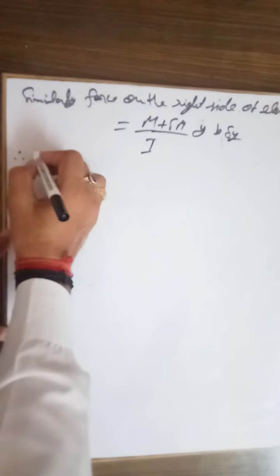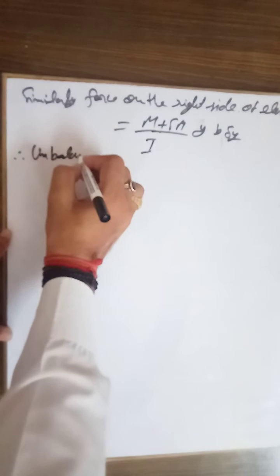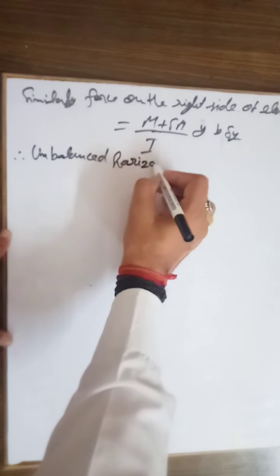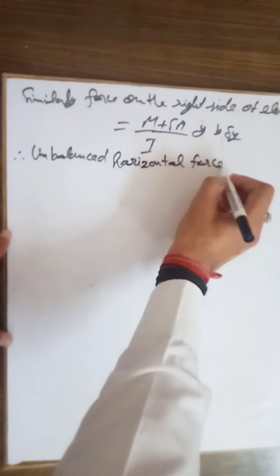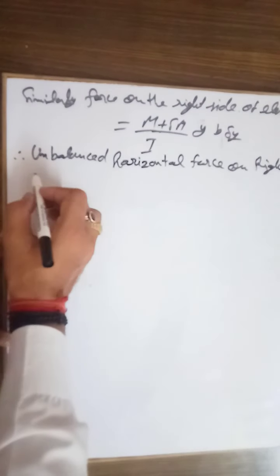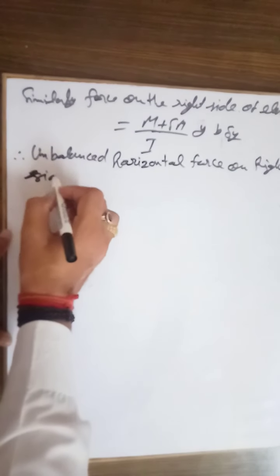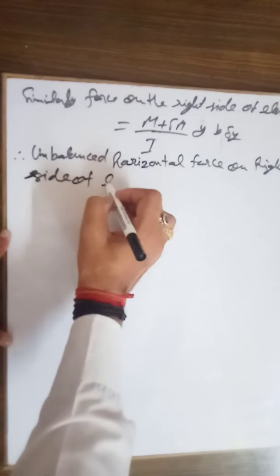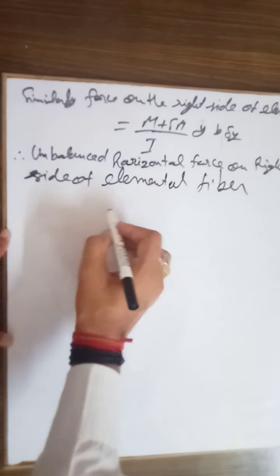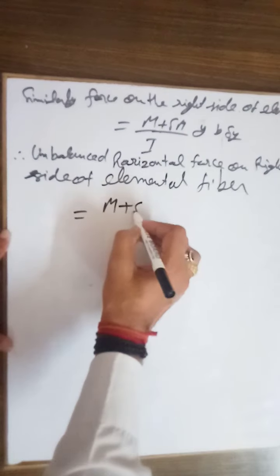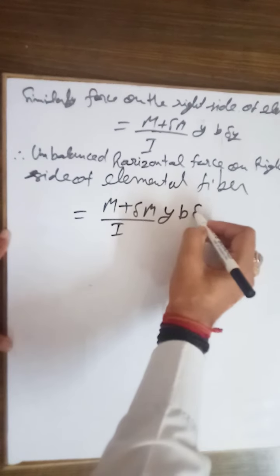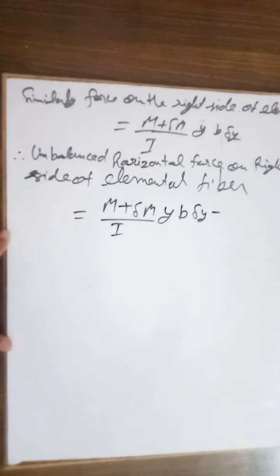So the unbalanced horizontal force on the right side of the elemental fiber can be written as M plus del M over I Y B del Y minus the force on the left side.